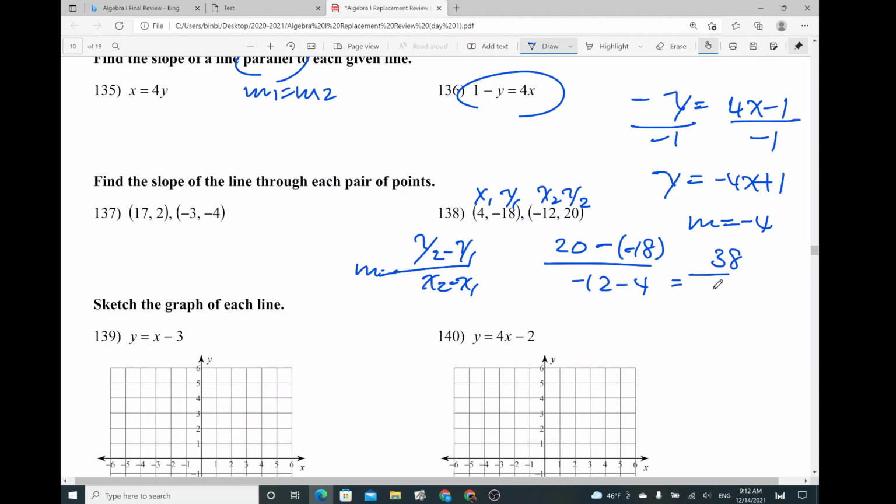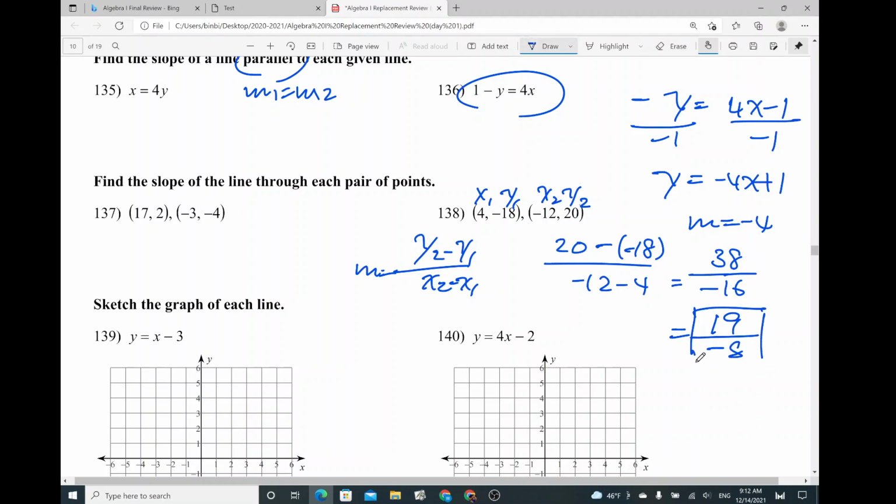Combine them, so -16. It looks like this one is not divisible, so that means just reduce it. So this one by 2. So we got 19 over -8, excuse me. Divided by 2.